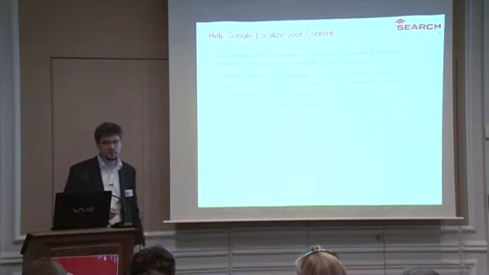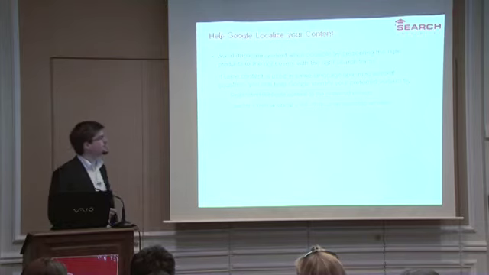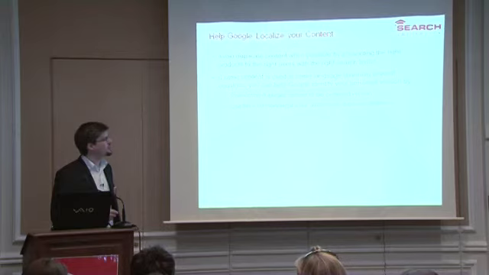Now, there are two easy ways to handle this. The easiest way is to just let it be, but that's not a solution. The other way is to help Google identify your preferred version. And you can do that by redirecting duplicate content to your preferred version, or by using, that's also a new possibility, a canonical link attribute.